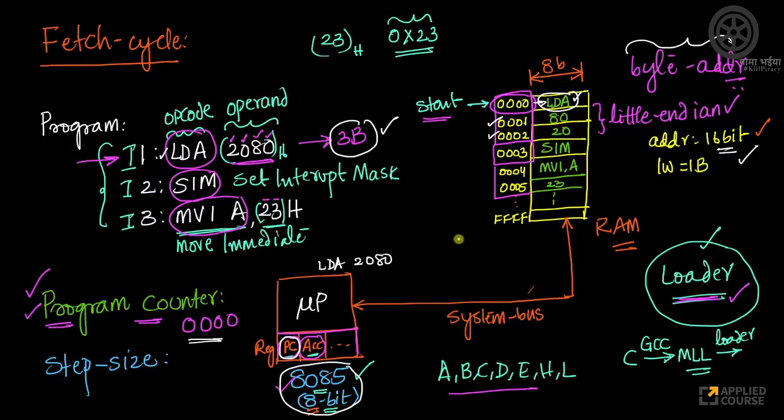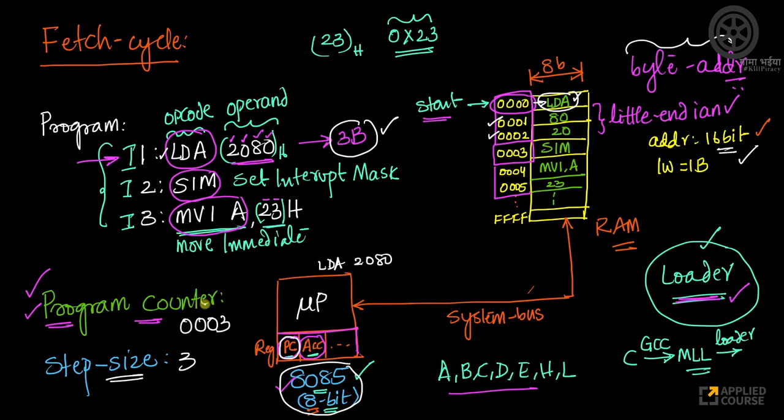Right? Because it's now in the execute cycle, the program counter has to point to the next instruction. So the program counter gets updated: program counter becomes program counter plus some step size. Because we know that the LDA instruction requires 3 bytes, the step size here is 3 bytes. So 0000 plus 3, my program counter becomes 0003.